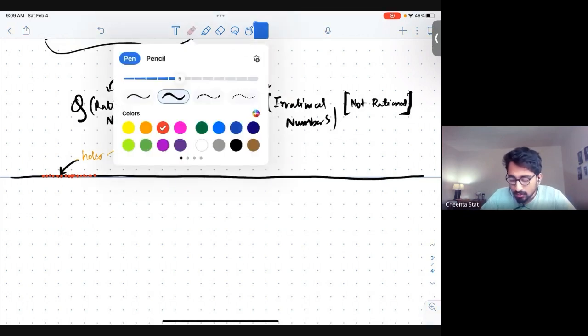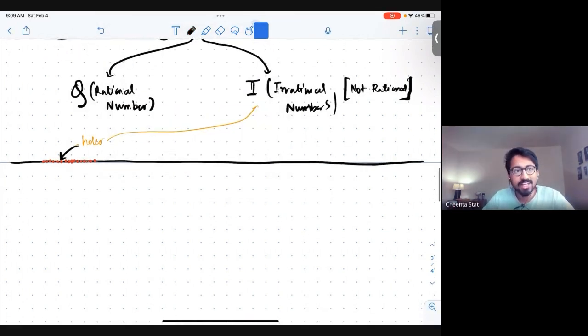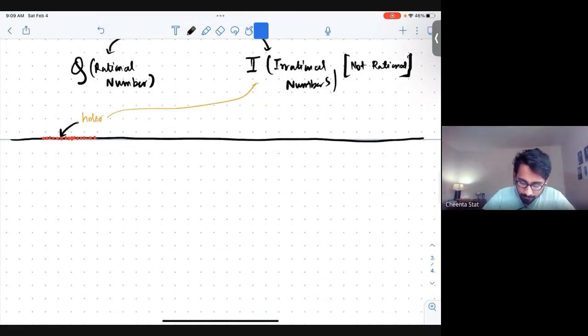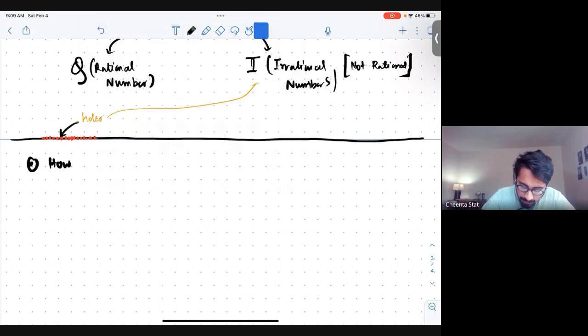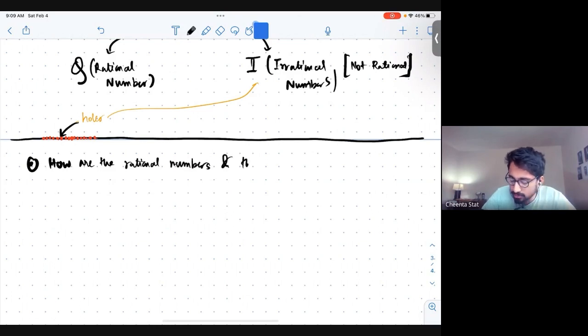So therefore the next natural question is how are the rational numbers and the irrational numbers related to each other?